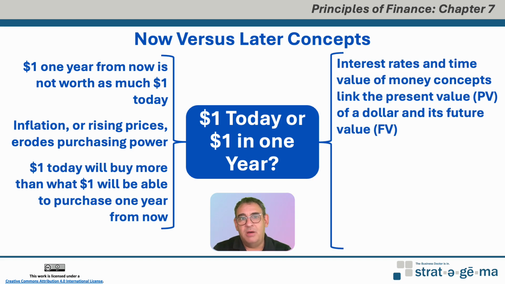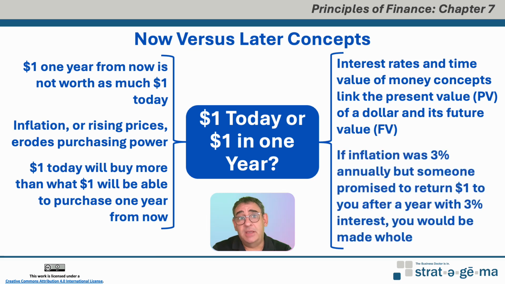So how can we combat the evil effects of inflation? Well, as it turns out, there's a pretty crucial concept called the time value of money, or TVM. And it explains that money has the potential to earn interest, so that a dollar today can be invested, allowing it to grow over time, making it more valuable in the future.